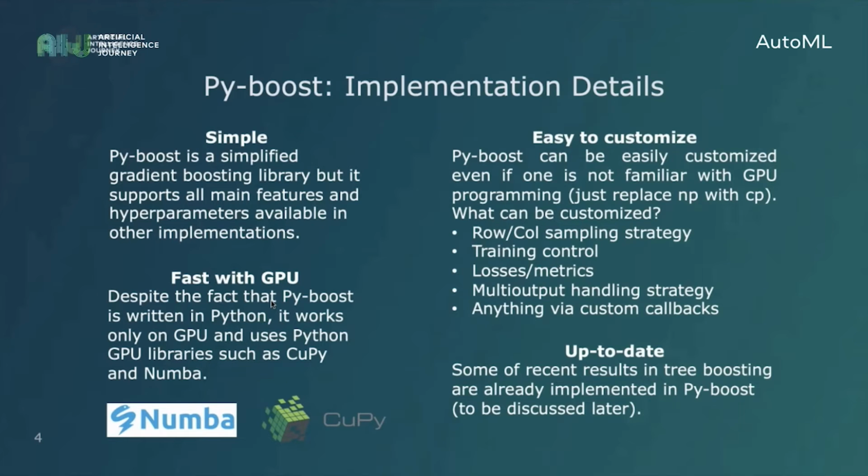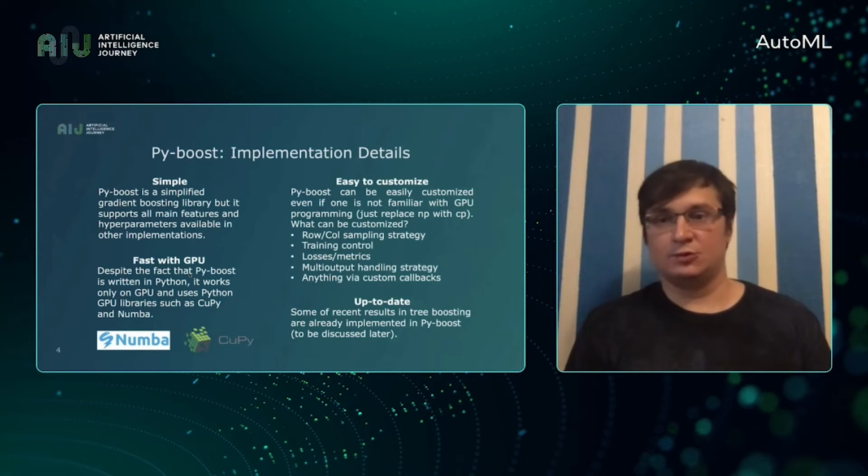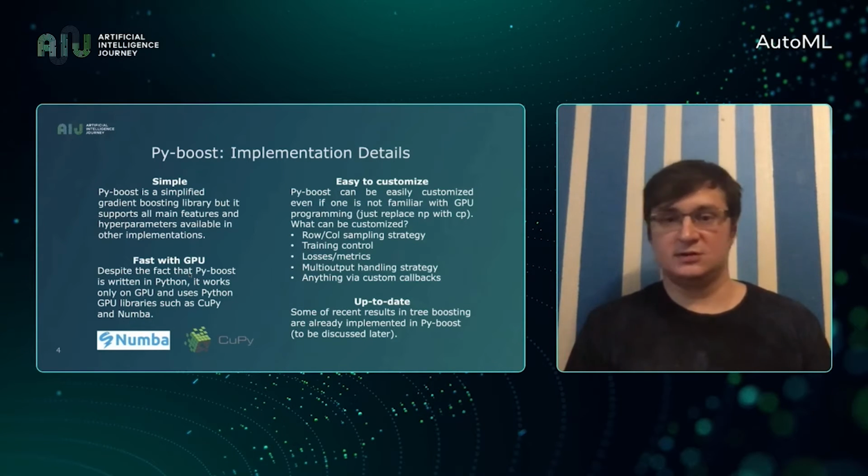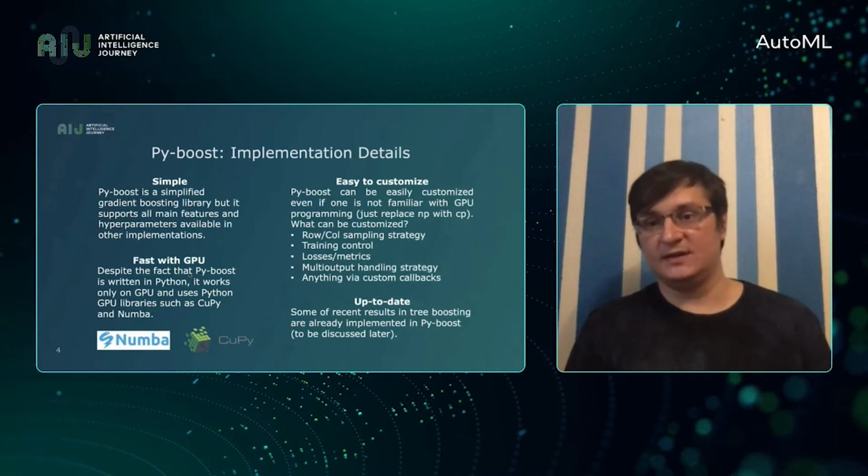We wanted to make it fast. It's possible to do this in Python, so we used Numba and CuPy. CuPy is a library that works with data arrays. It's similar to NumPy with more data arrays.